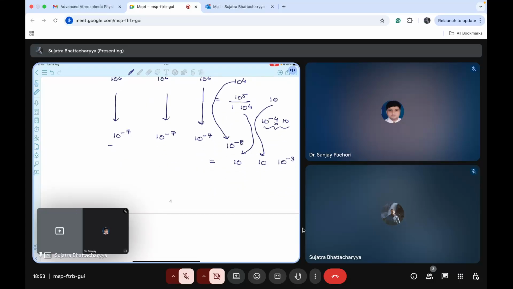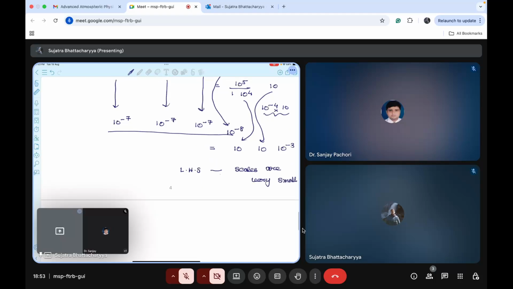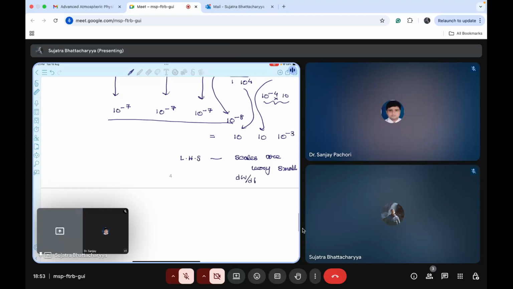So again, on the left hand side, the scales are very, very small. So your dW/dt can be ignored, right? All these local terms plus advective terms can be ignored because the dominant values are 10. Even the vertical Coriolis force is also small, 10 to the power minus 3.